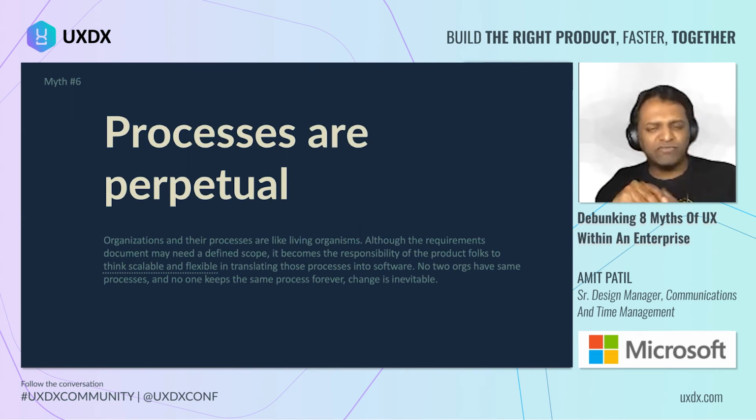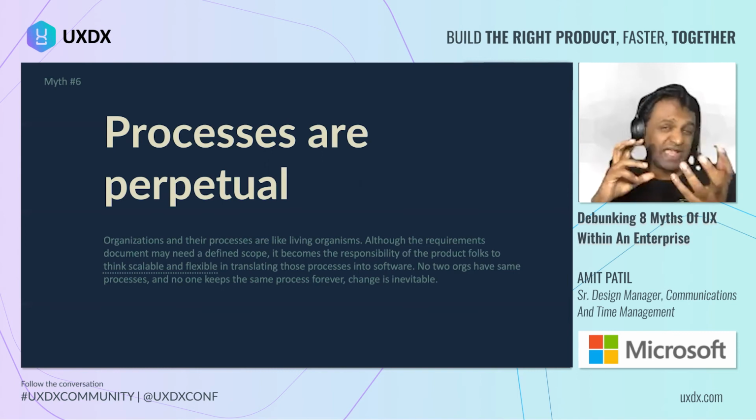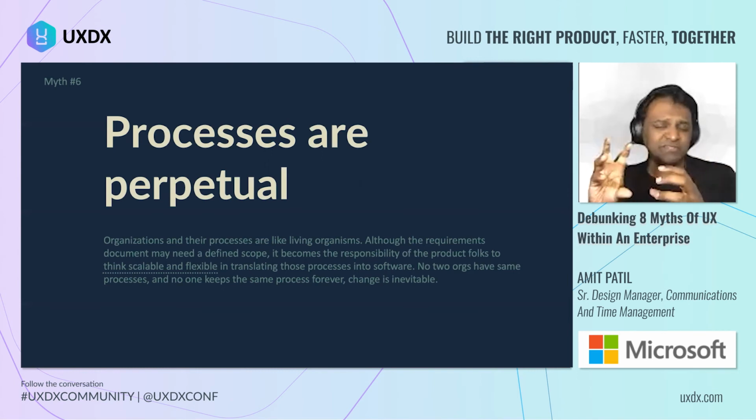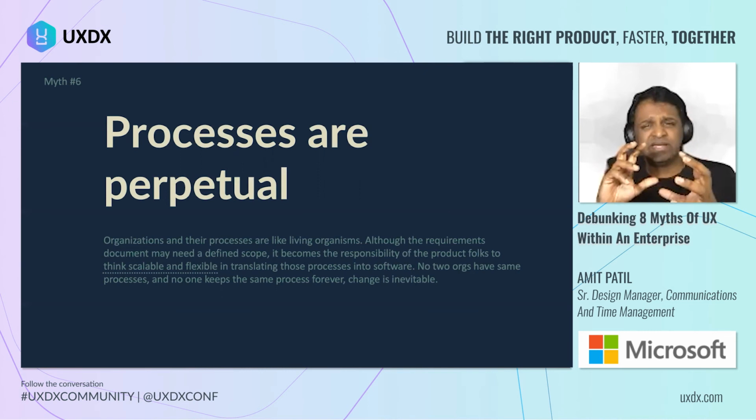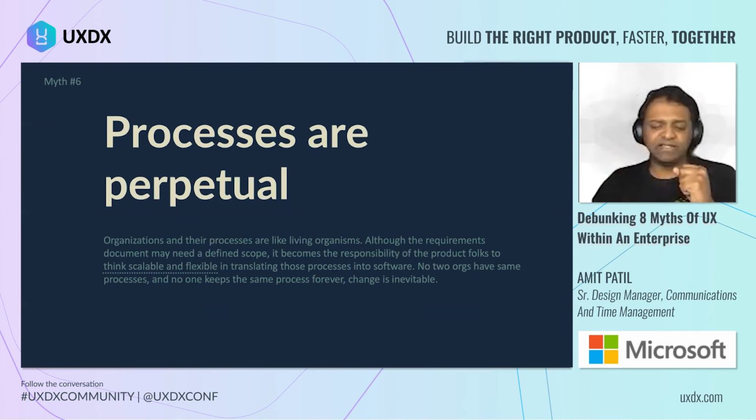But what we need to do as product people is create software that is scalable enough and flexible enough to fit the processes of the future, the processes of the customer. The advantage is that the same tool can be used in different situations and actually enable the customers and the users, because no two orgs have the same processes. Even if our sample space of the process is the same, no two departments have the same processes. Remember that as well. So change is always there in any organization.